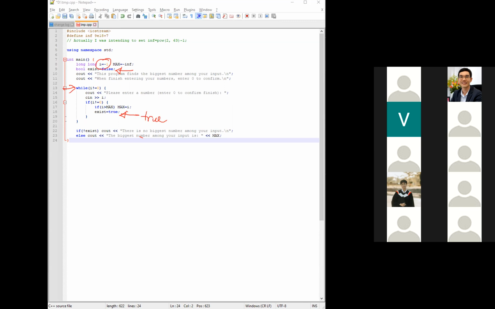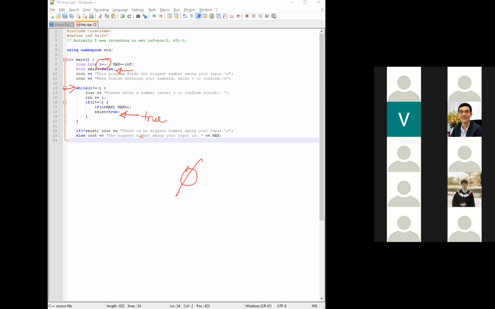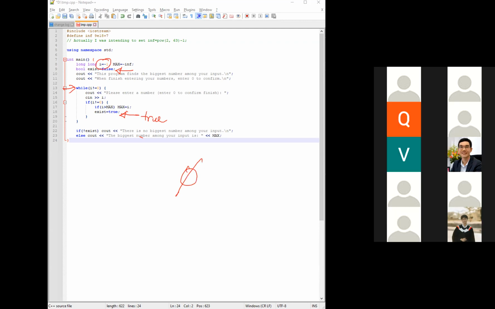Anyone here using the special value 0 to handle this? Anyone who is using 0 as a special value, because 0 is not counted here? Did you use 0 as a special value to handle the situation rather than using the infinity?